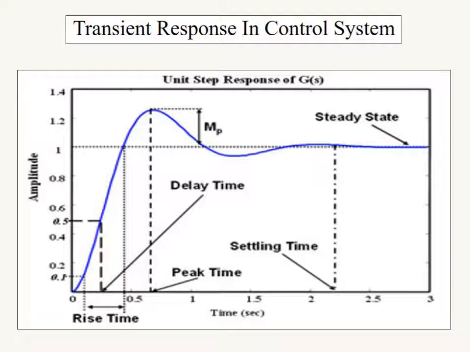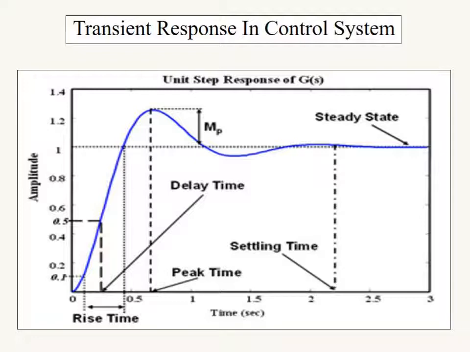Then we have the peak time, the time at which the maximum peak is reached. Mp is the peak overshoot. Then delay time, which is the time to reach 50% of the desired output. For the rise time, it is from 10% to about 90% or 100%. Then settling time, at what time from the beginning it will settle.